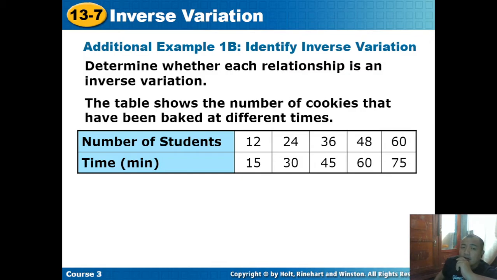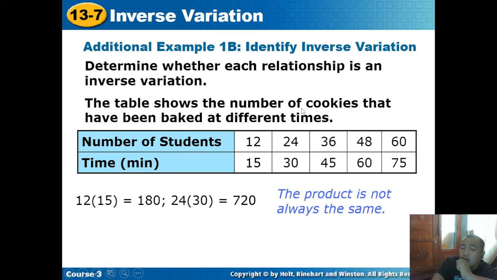Okay. Another table. As x increases, y also increases. So this is not an inverse variation, because even if you do not solve for the constant of variation, even if you don't multiply x and y here, you can tell whether it's an inverse variation or not by looking at whether y decreases as x increases.